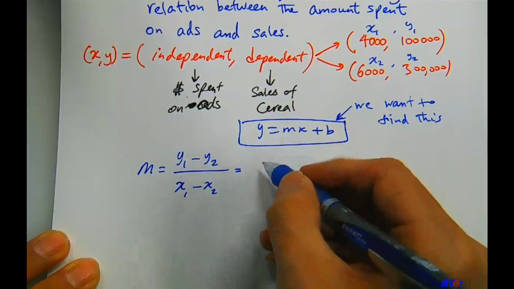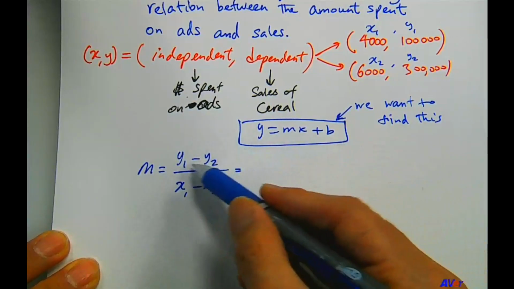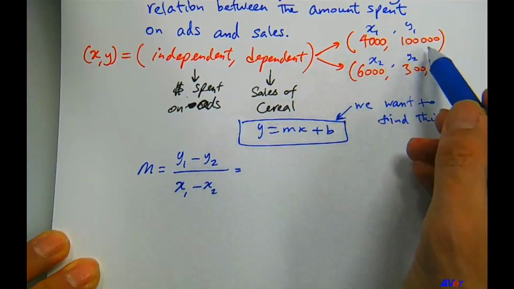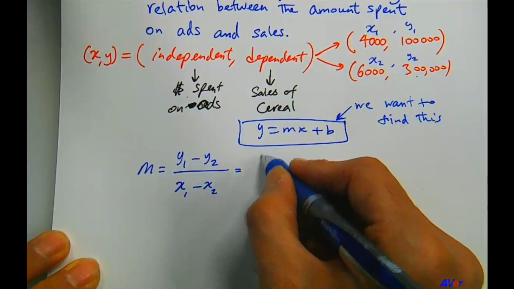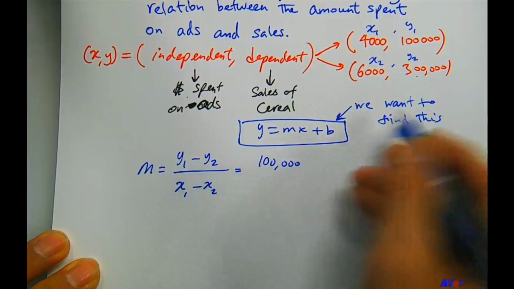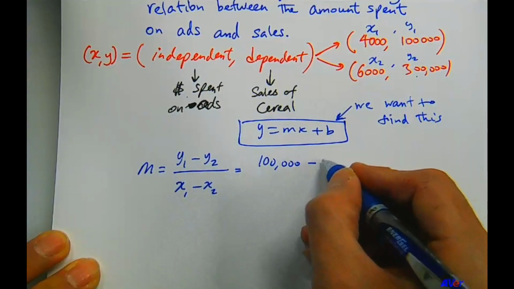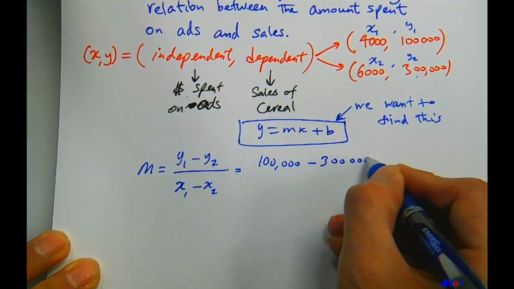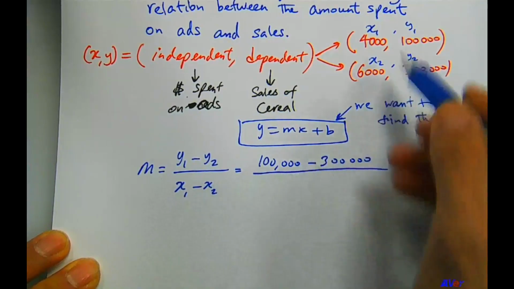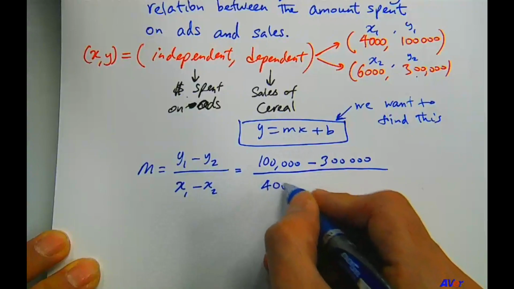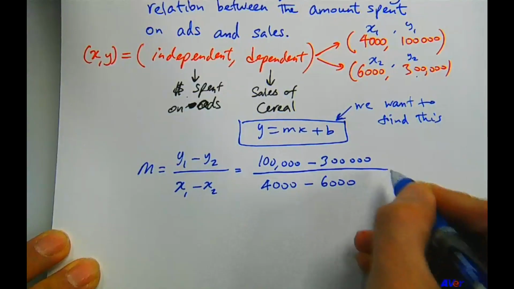Keeping the order of subtraction the same. So y1 minus y2, that would be 100,000 minus 300,000, according to the way I've labeled these, right? And all of that divided by x1 minus x2, so 4,000 minus 6,000.